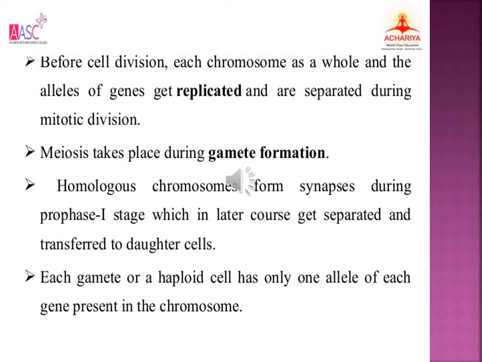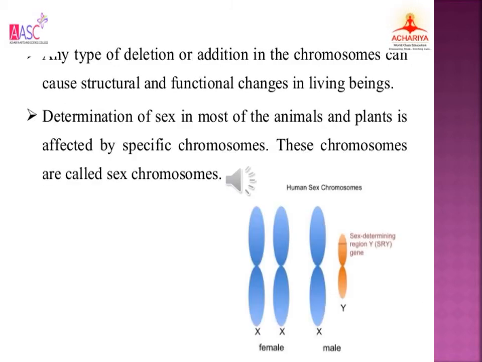Homologous chromosomes form synapsis during the prophase 1 stage, and later get separated and transferred to daughter cells. Changes in a chromosome can occur by deletion or addition. Deletion means any one gene is deleted, and addition means any one gene is added.